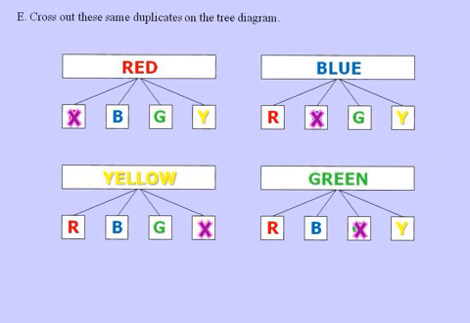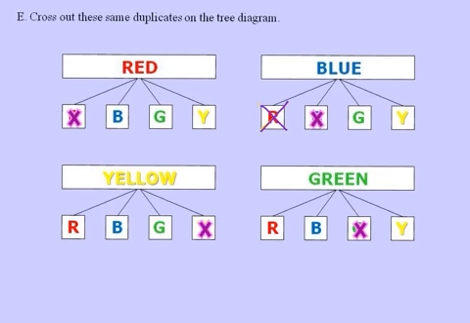now here comes the fun part. We've already crossed out our doubles, like the red-red, the blue-blue, the green-green. Now we have to cross out the duplicates from the chart. So I'm just going to look at the chart that we made, and if I have a red-blue, I'm going to cross out the blue-red because that's the same.